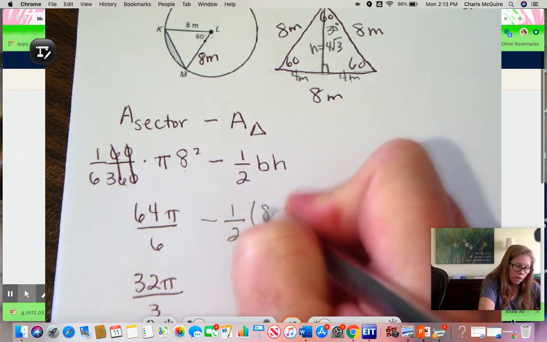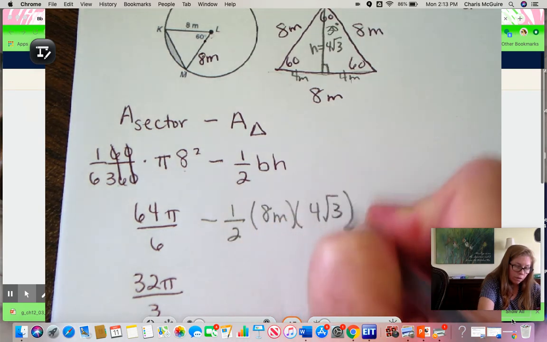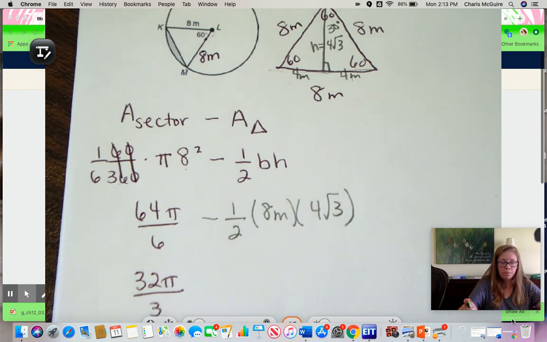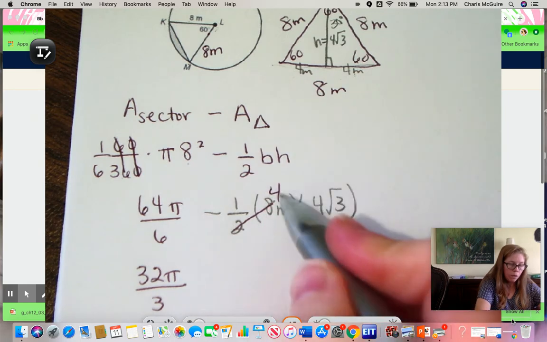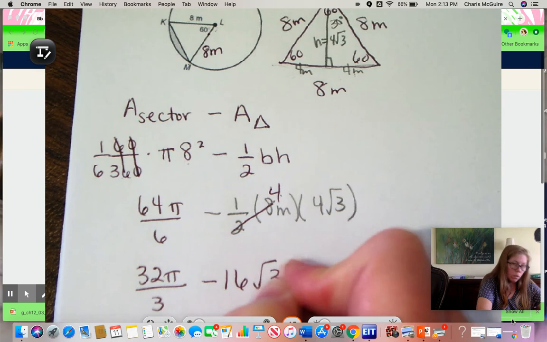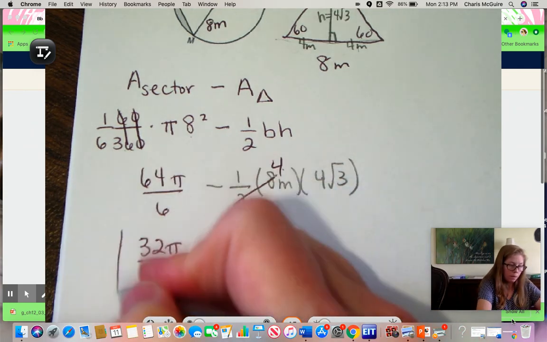The base is 8 meters, and the height is 4 square root of 3. So 1/2 of 8 is 4, and 4 times 4 is 16. So it's minus 16 square root of 3. Now I'm going to tell you right now, that's a great answer. You can leave your answer like that all day long, and I'm super happy with it. Okay, so there we go.